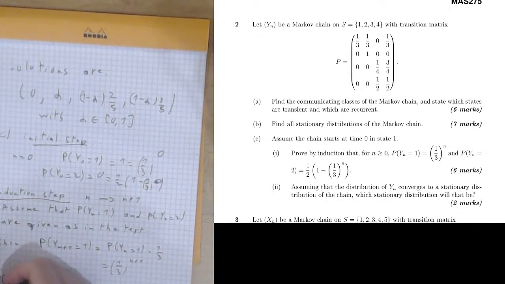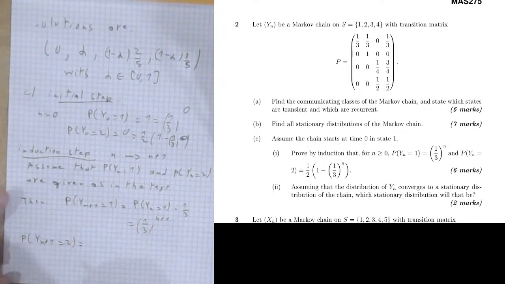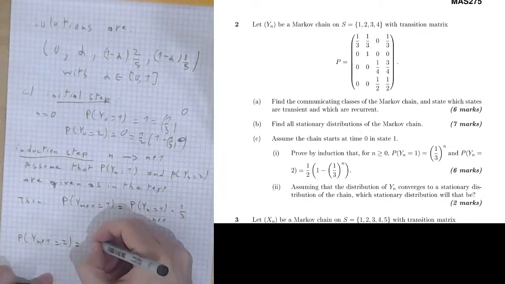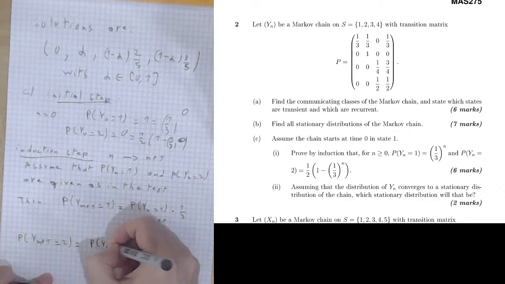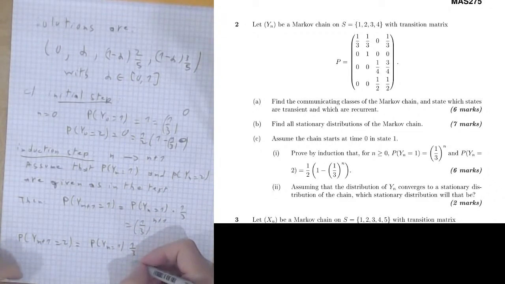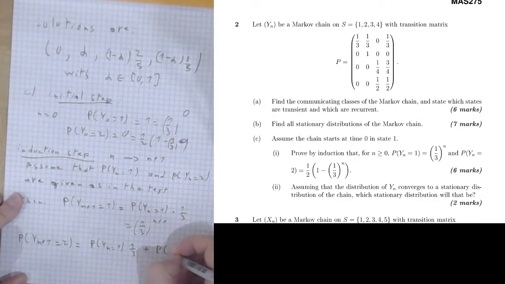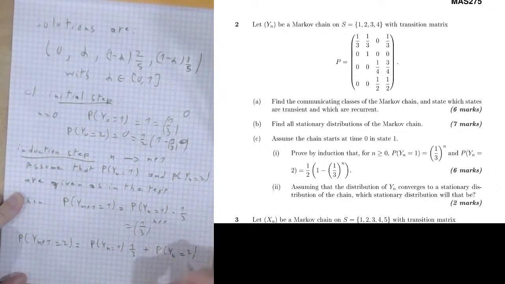Meanwhile, p of yn plus 1 equals 2. So to be at state 2, either we were at state 2 before, or we were at state 1 before, and then took a step to go to state 2. So we get p of yn equals 1 times 1/3. So this 1/3 is the first line, second column term of the matrix, plus p of yn equals 2.